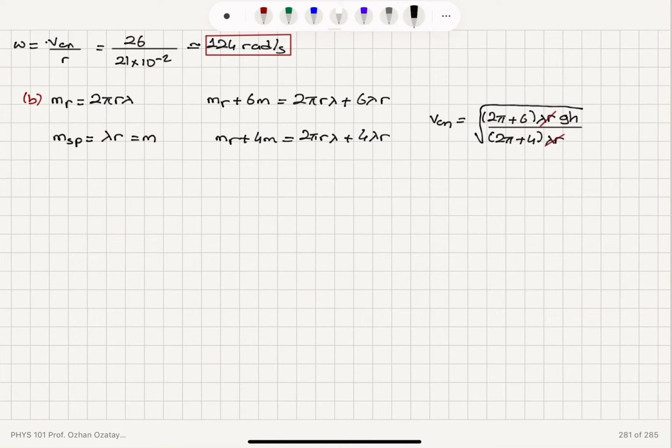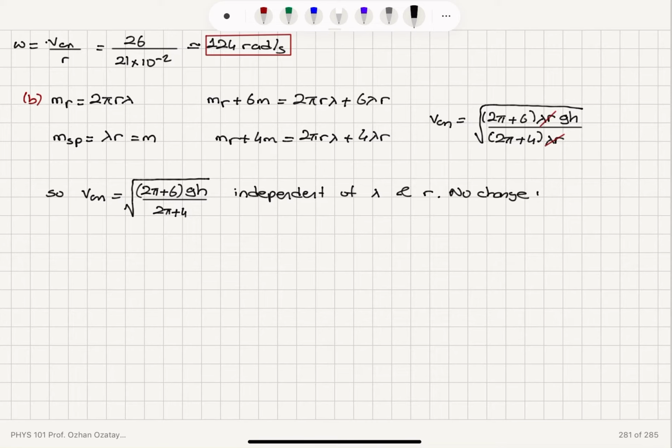So our final answer V center of mass is the square root of (2 pi plus 6) gh divided by (2 pi plus 4). Okay, so this is independent of the mass density lambda and the radius of the wheel, so there will be no change in the center of mass final speed. So if you double these two, there will be no change.